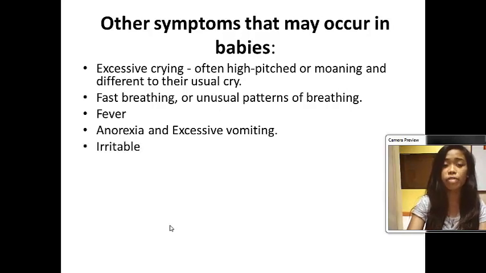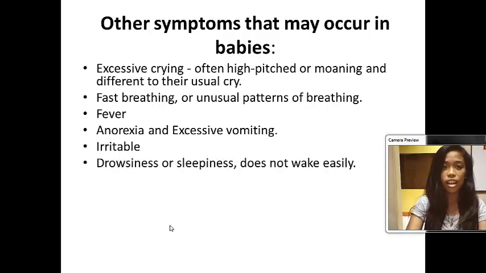Because of infection, the baby can become irritable and restless. Then they go through excessive drowsiness or sleepiness, and no matter what you do, it's hard to wake them up.